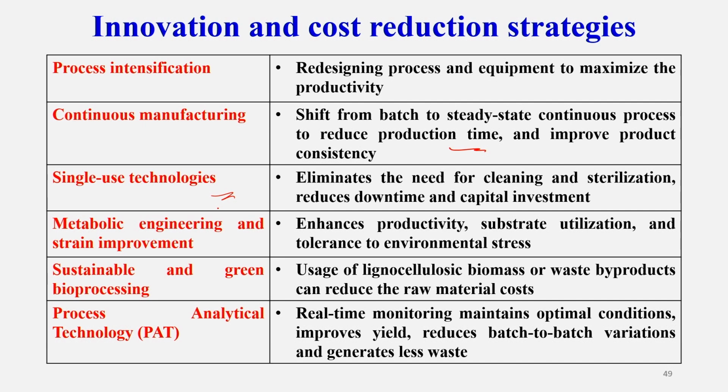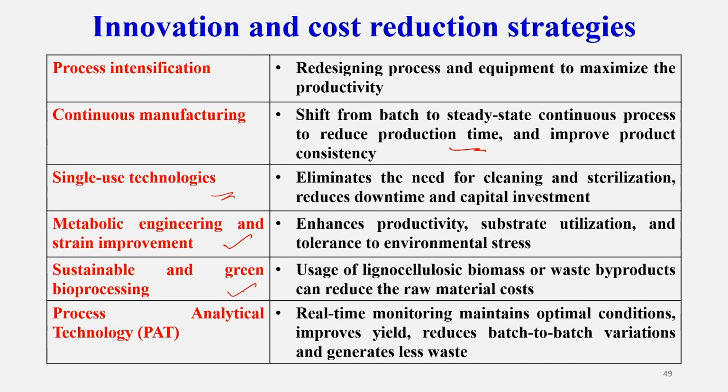This eliminates the need for cleaning and sterilization and reduces the downtime. Further, metabolic engineering and strain development, a lot of work is going on to get recombinant strains, and further you engineer in such a way that you can maximize a particular flux. So with the recent development, you name any metabolite, it is possible to produce via bioprocessing.